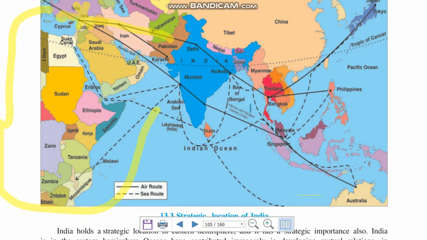But in 1869 they opened the Suez Canal, and due to that they could easily pass through here, and this reduced the distance by 7,000 kilometers. This was a great achievement in the history of mankind. So the Suez Canal was a great help for traveling to Europe in those times.